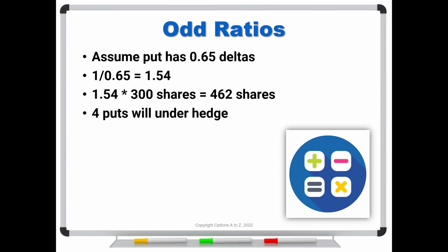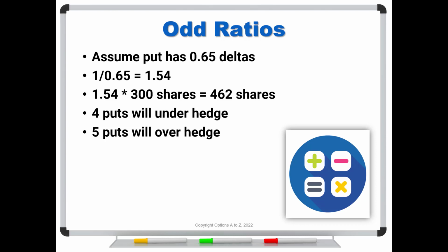If I buy 4, I'm going to underhedge, because if I have 4 puts, each with a delta of 65, I'm actually hedging or insuring 260 shares. Well, maybe I don't want that, in which case I would have to go for 5 puts, but that's going to overhedge me. If I have 5 puts, each with a delta of 65, now I'm hedging 325 shares, and I've only got 300. It's like you're buying more insurance than what you need.